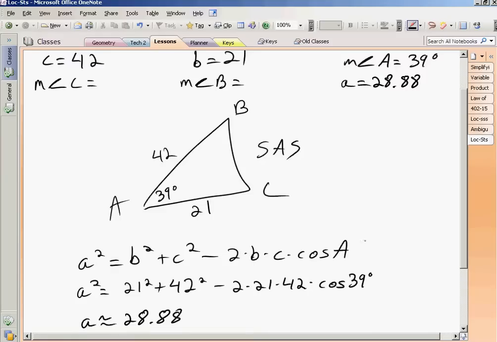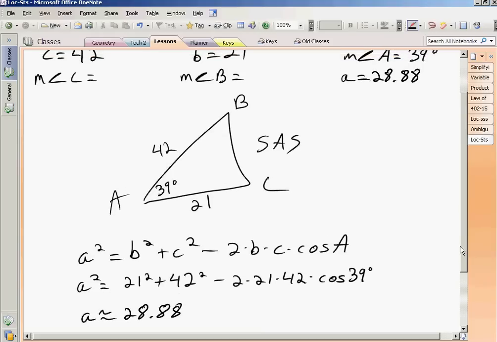So it's easier to just use law of cosines than to try to remember when you can and can't use law of sines. So for side angle side, I'm not going to use law of sines at all. I've got two angles left to find. I'm going to find one of them with law of cosines, and the other either by law of cosines or by adding them up and subtracting from 180.